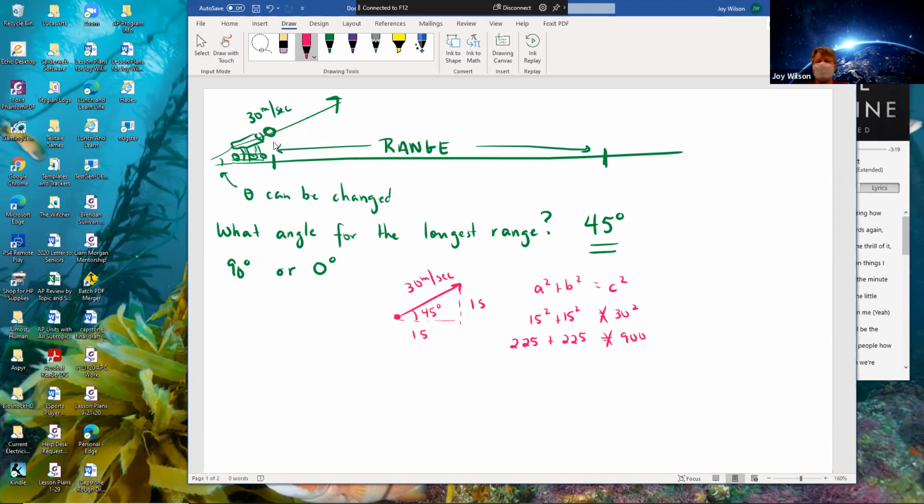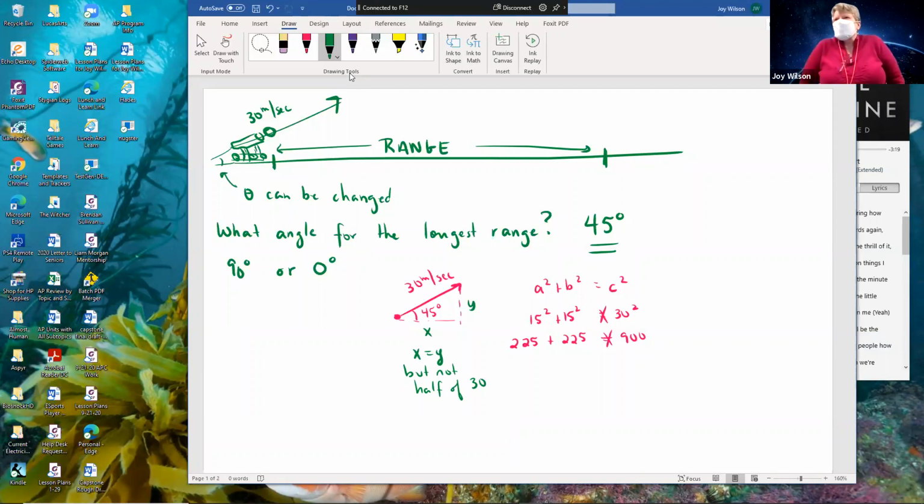But you do get that these two speeds would be the same. X and Y would be equal, but they're not half. They're equal to each other, but they're not half. Okay? So 45 degrees without air resistance is the best angle.